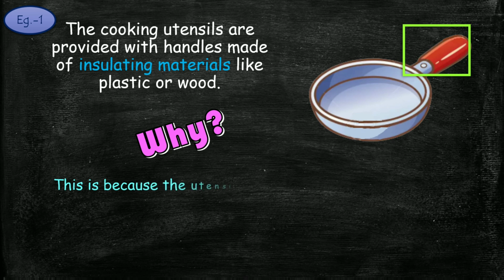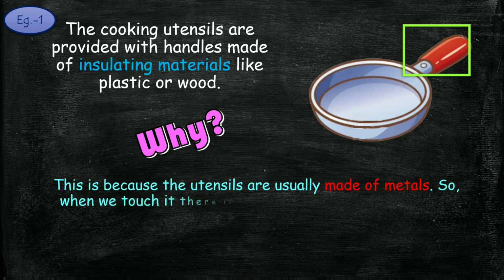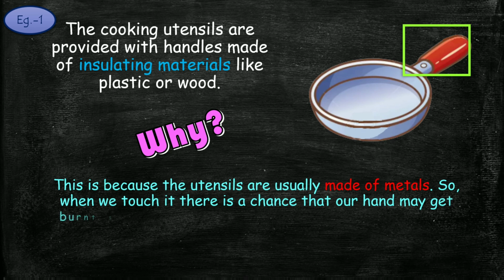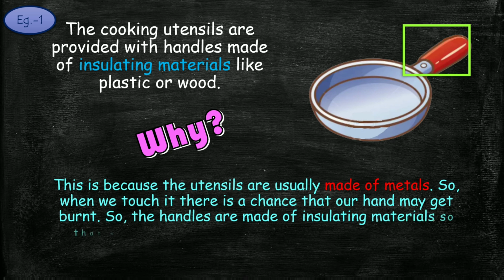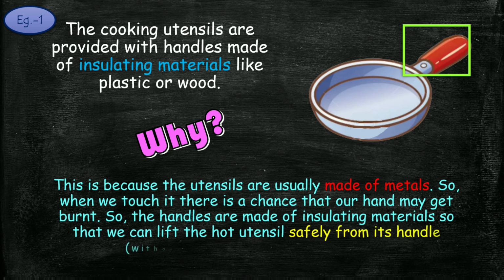This is because the utensils are usually made up of metals. So, when we touch it, there is a chance that our hand may get burned. So, the handles are made up of insulating materials so that we can lift the hot utensil safely from its handle without the risk of burning our hands.